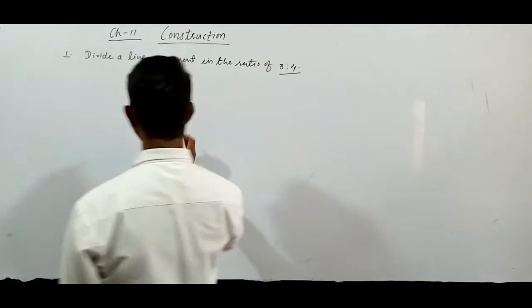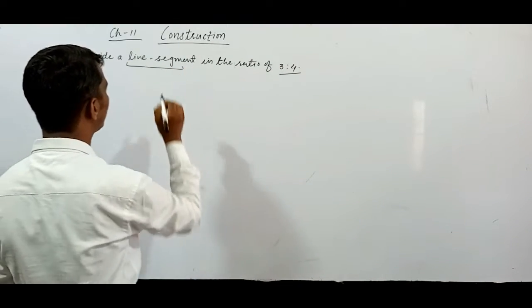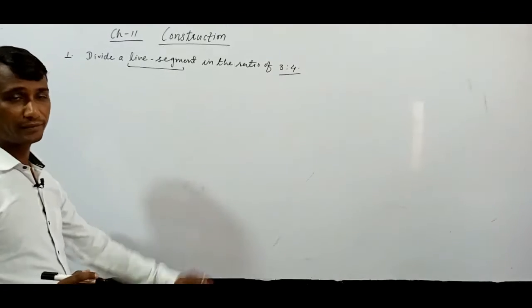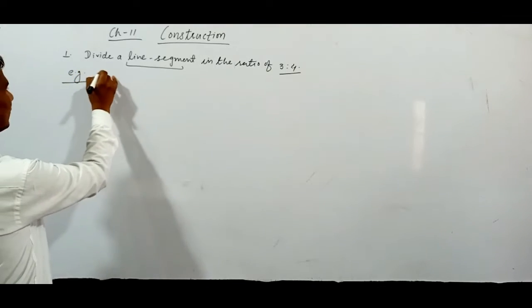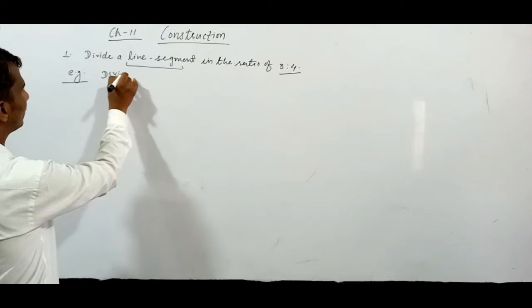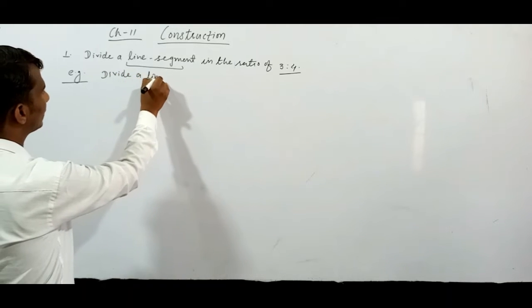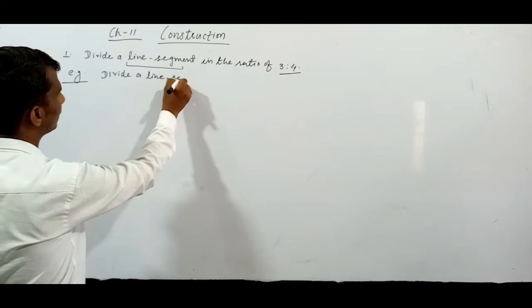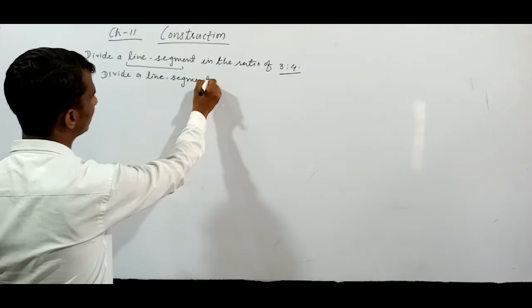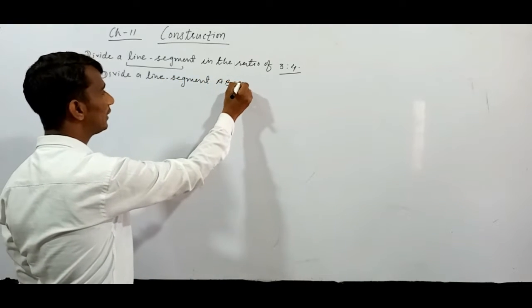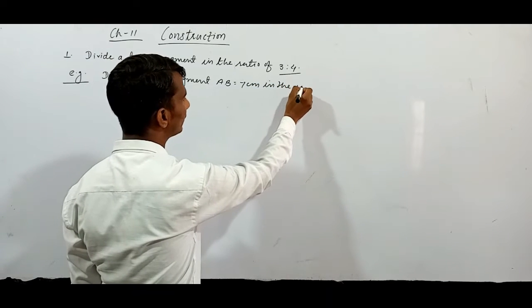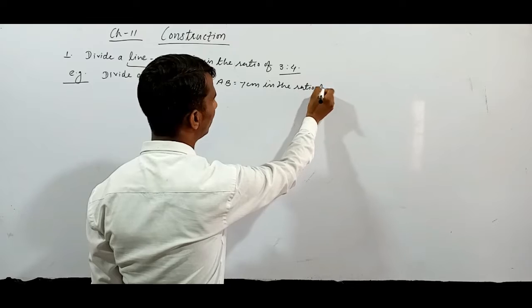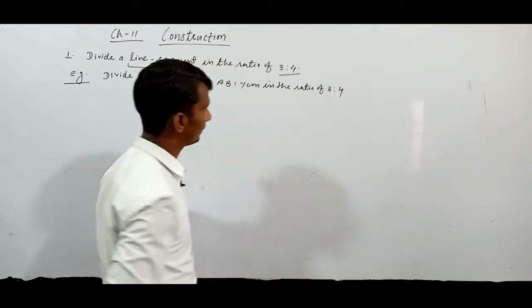Dear student, line segment means you are given a proper length. Taking an example, divide a line segment AB equal to 7 centimeter in the ratio of 3:4.